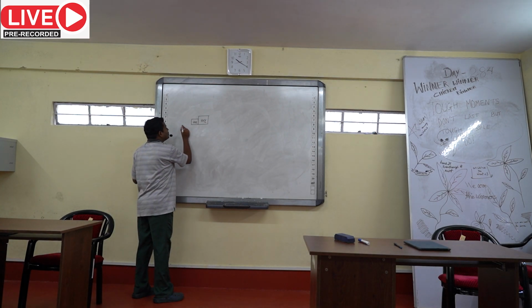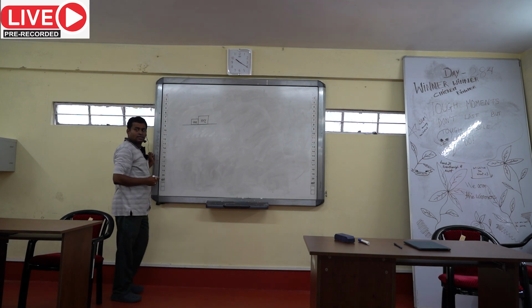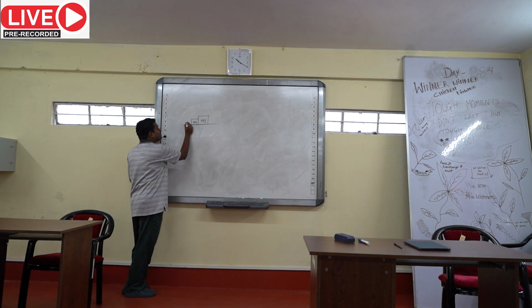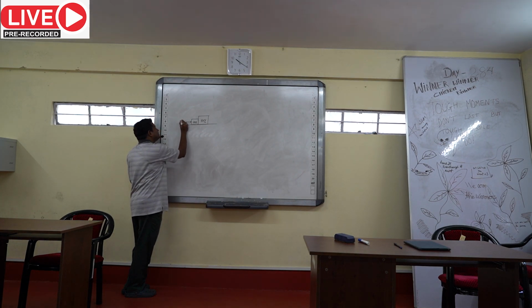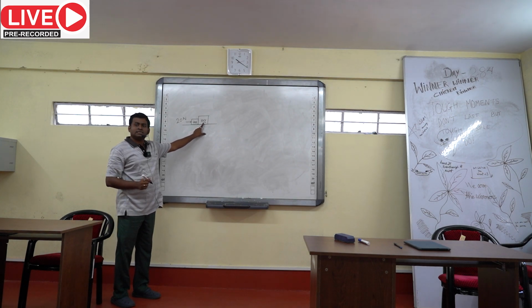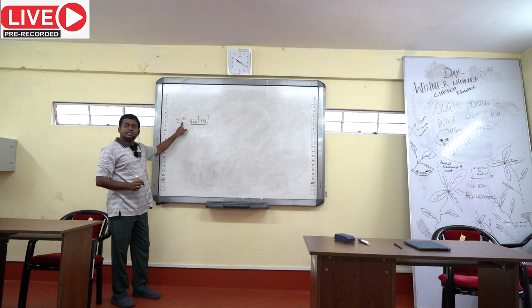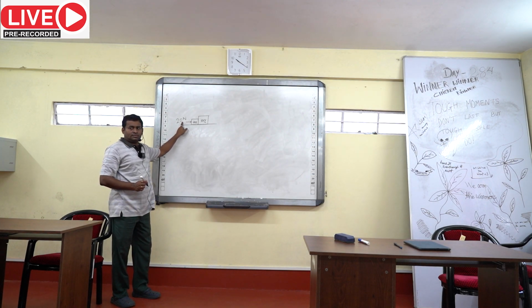These are on a smooth horizontal surface. You are applying a force on this block, that is 20 Newton. This small mass is 2 kg, the bigger mass is 8 kg. You are applying a force horizontally on the 2 kg block, that is 20 Newton. Okay?